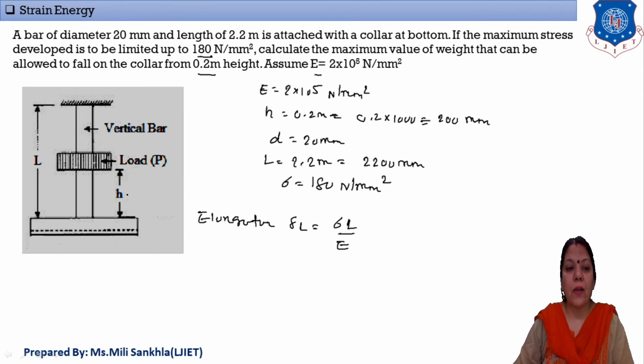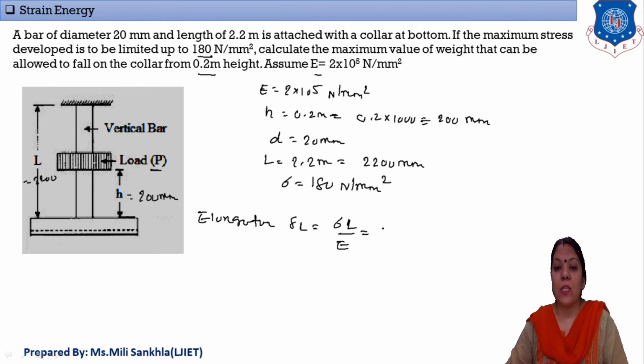Height is equal to 200 mm and L is equal to 2200 mm. This value P is unknown here. Here we will find out the load. Now one by one put the values. Sigma is equal to 180 and L is given 2200.